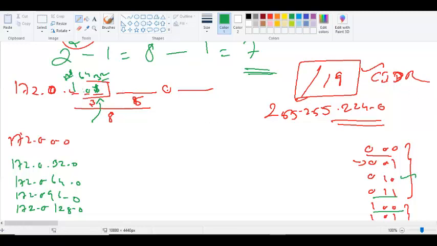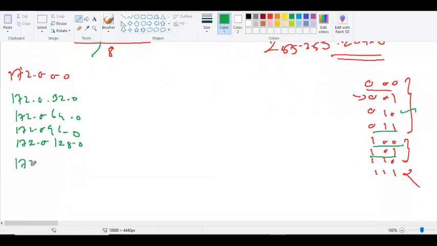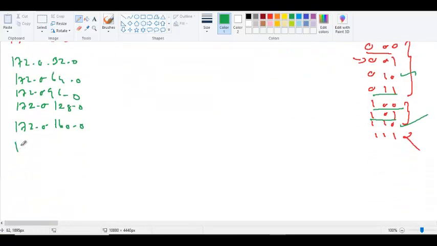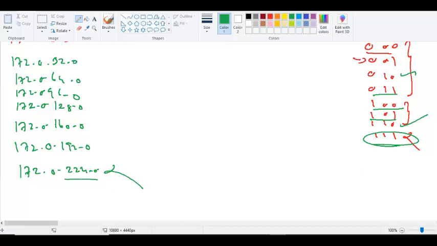Next, 110. 110 is 128 plus 64 is 192. And all ones we should not use, but to write the broadcast ID of the previous one, I'm just writing here 224.0, and we should not use. When all 3 bits are on, you will get 224. 128 plus 64 plus 32 is 224.